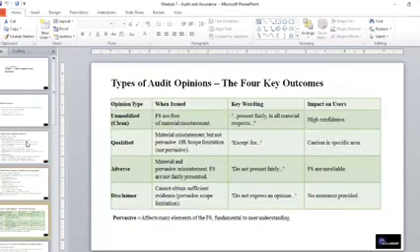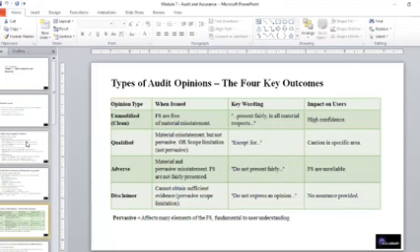We have types of audit opinion, and these can be divided into 4. The first one is unmodified, which is clean. When an unmodified audit opinion is issued, that means the financial statements are free of material misstatement.